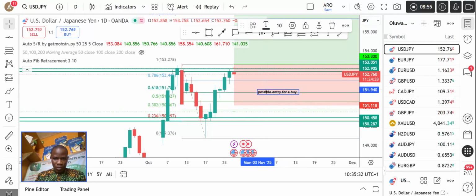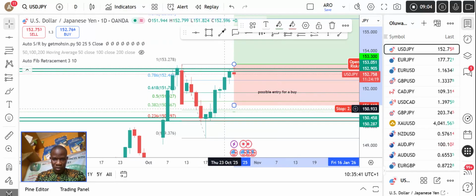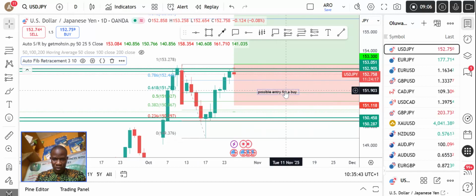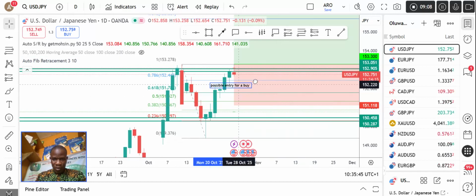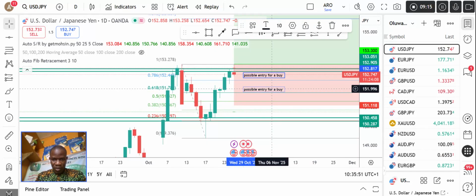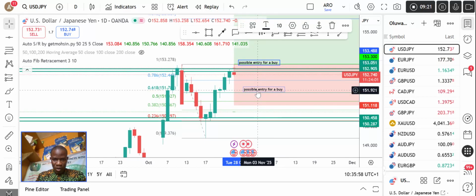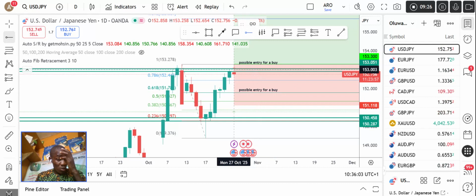This 50% retracement can be our possible area to buy, or here. So either of the two places can be our possible area to buy.